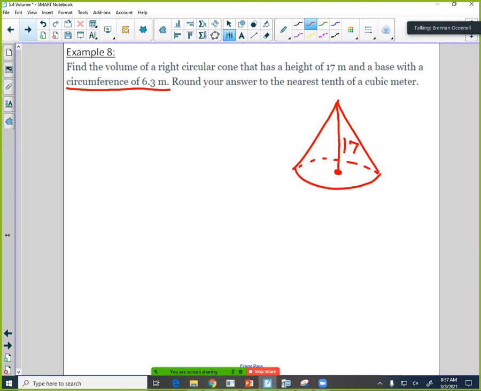The circumference is 6.3 meters. So again, our equation is pi r squared h all over 3. And we need a radius, not a circumference. What does the circumference equal? Remember? Of a circle?